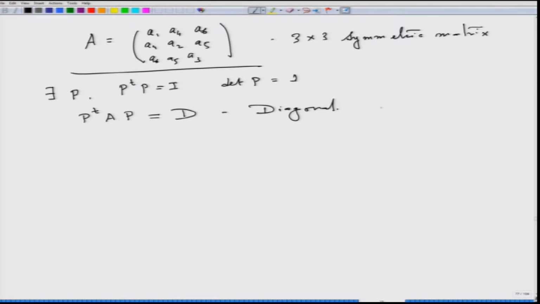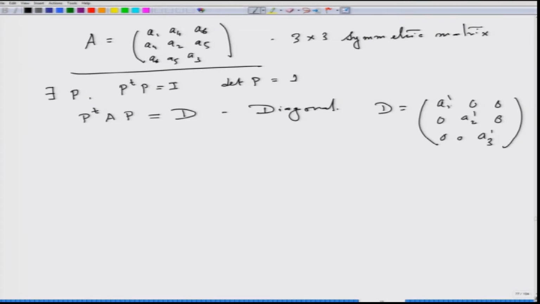So, let this diagonal matrix D be A1 prime, A2 prime, A3 prime, with the rest of the entries 0. Any 3 cross 3 symmetric matrix is diagonalizable with real entries.